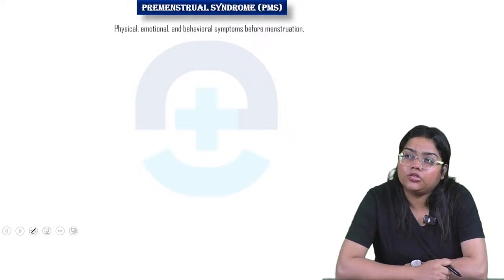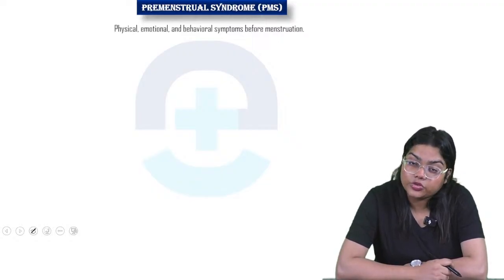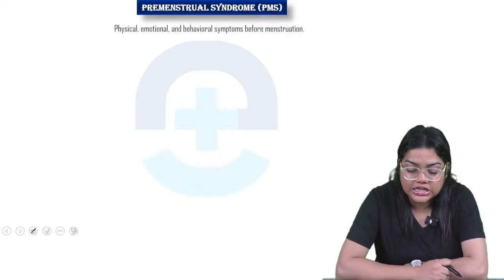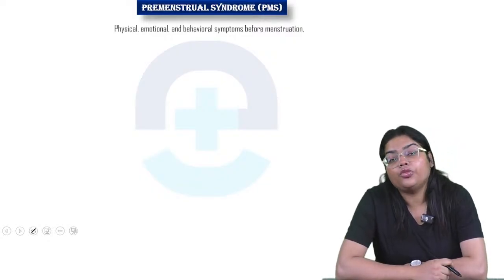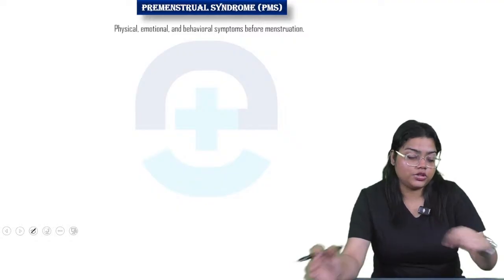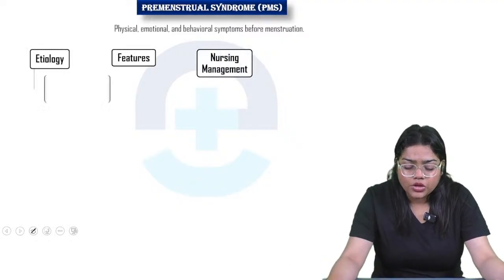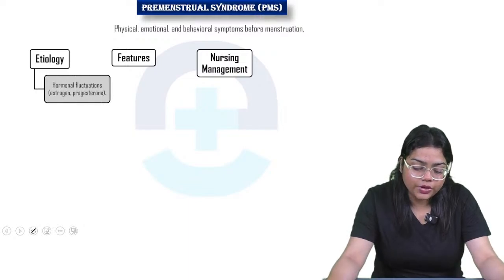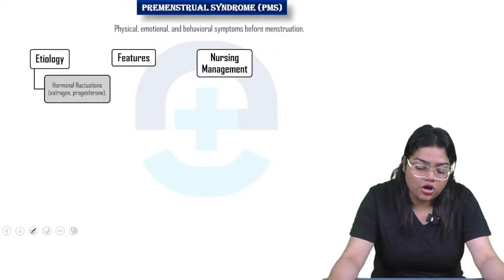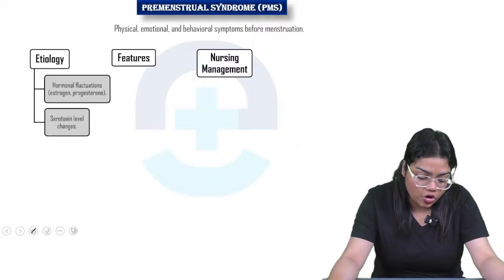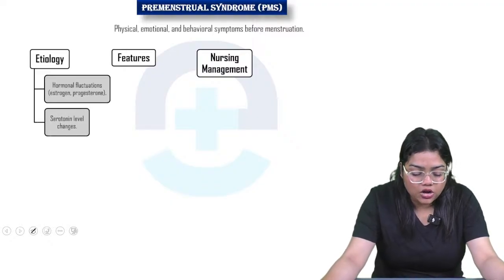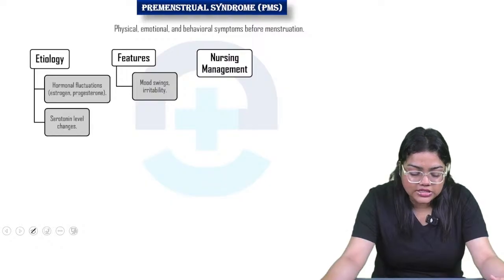They will not actually have the menstruation, but they will have the symptoms before actual menstruation. So what is the reason for that? The reasons include hormonal fluctuation of estrogen and progesterone hormones, and also serotonin level changes.